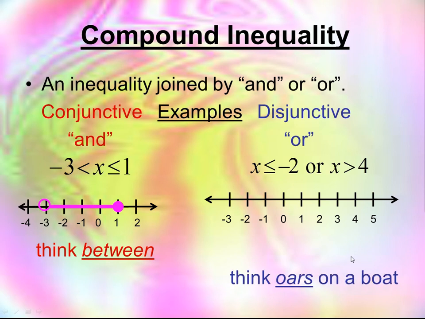If I graph this or inequality, look, I've got two parts to it, two distinct parts that are different. I've got an endpoint at -2 that's closed, and I'm graphing the x values to the left of that that are less than. On the other side of this thing, I've got a boundary at 4 that's open, and I'm graphing all the values above it, right? The word or fits here, doesn't it?